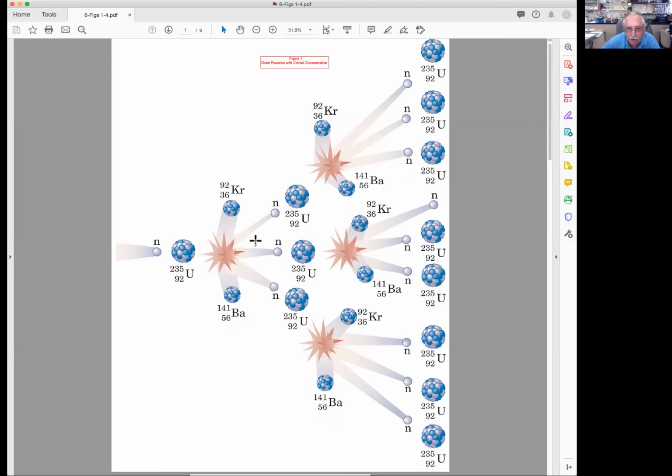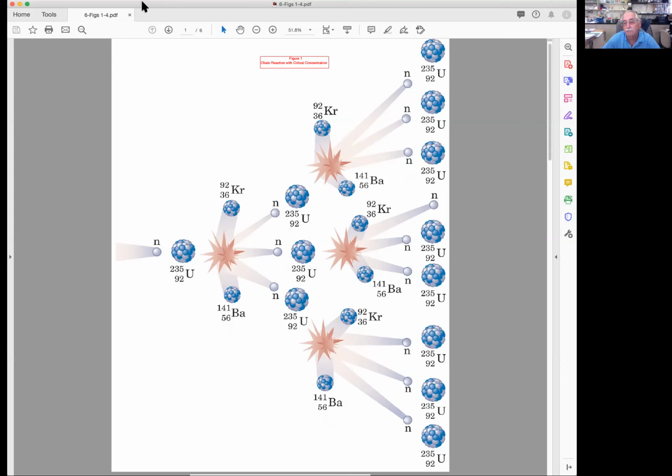They hit other atoms of uranium-235, causing them to go through fission. Now you got neutrons flying all over the place. And this is the reason why it's a chain reaction, a nuclear chain reaction. Because the neutrons are going to hit other uranium-235 atoms and cause them to go through fission.